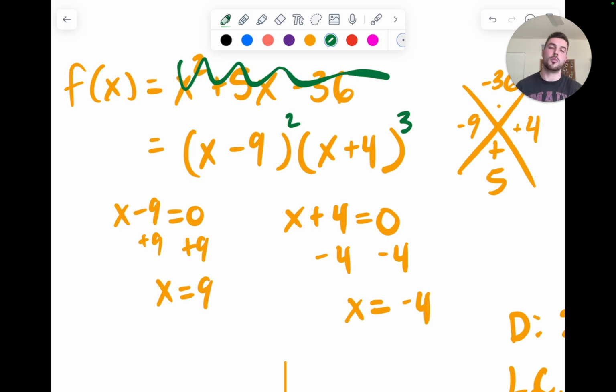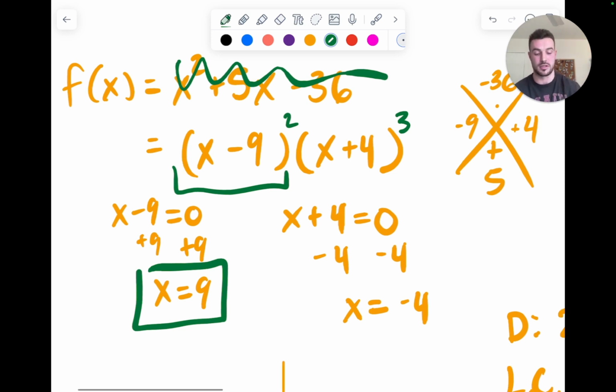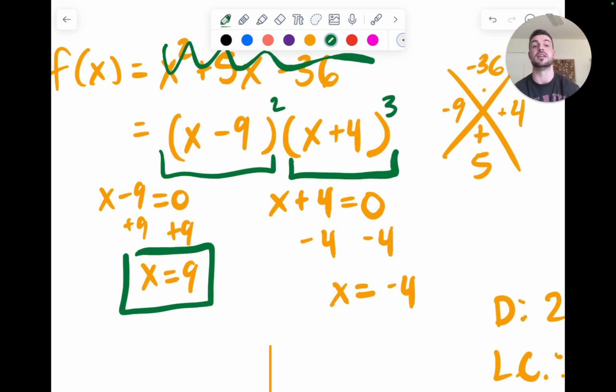So it changes the whole polynomial, but the idea is this root, when we look back at the factor, has a multiplicity of 2. That means when I hit at 9, my intercept, I need to bounce back and go in the same direction. Now, this multiplicity is 3, which is odd, which means I pass through.